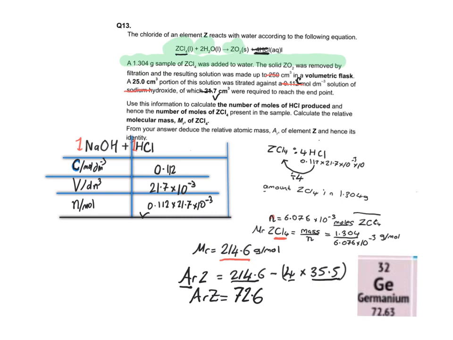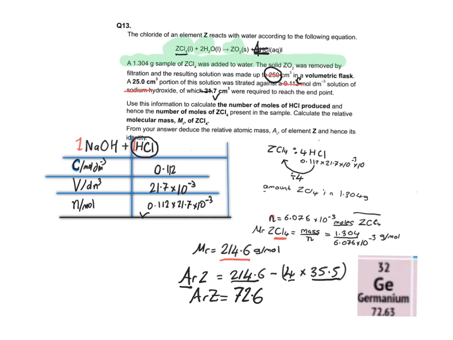You know that the amount of sodium hydroxide was the same as the amount of hydrochloric acid. And therefore, once you knew the amount of hydrochloric acid in 25 centimetres cubed, you times it by 10 to get it in your 250, and then you used the mole ratio.